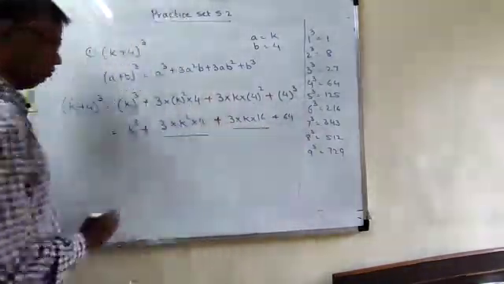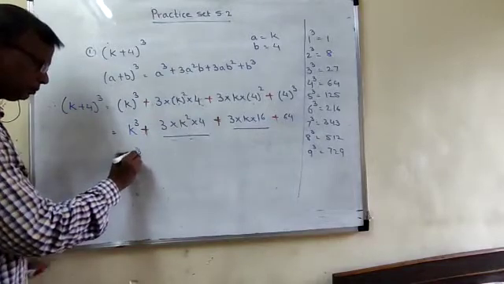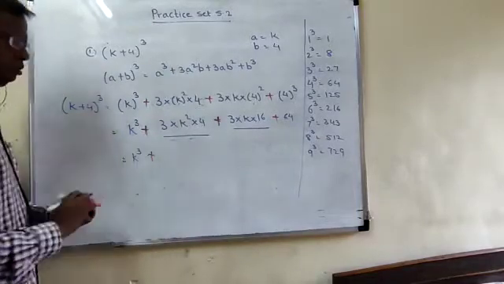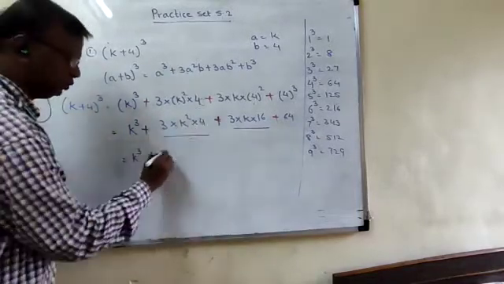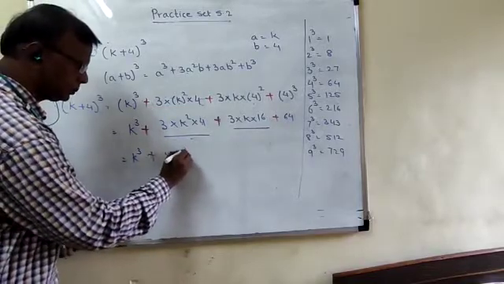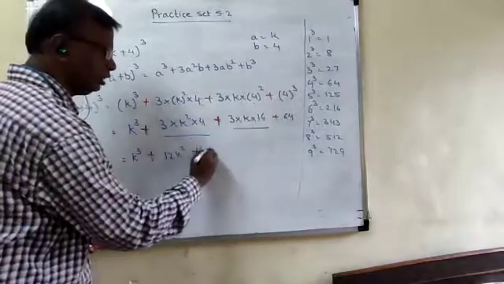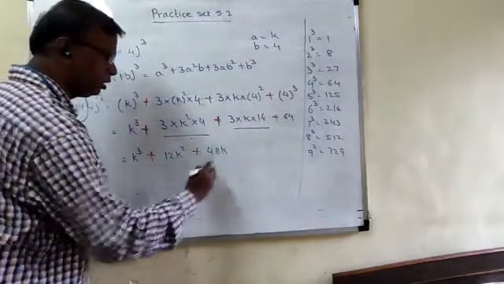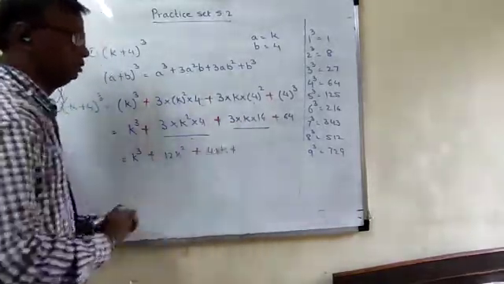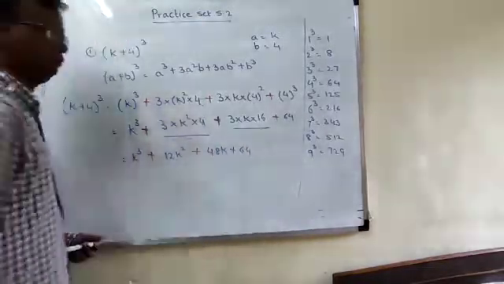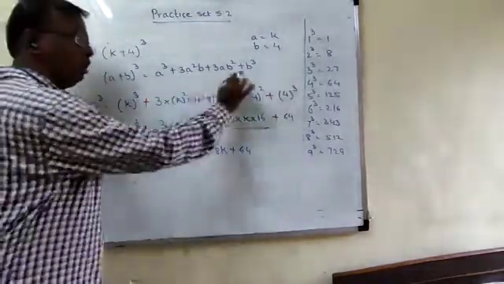Underline this term also. That is k cube plus, multiplying this, 3 4s are 12 k square, plus 16 3s are 48 k, plus 64. That's enough.